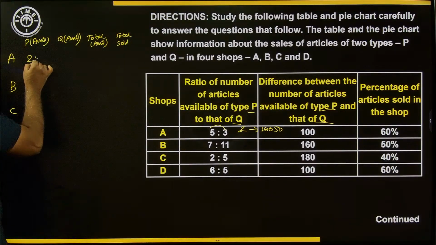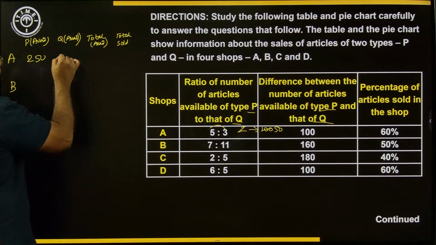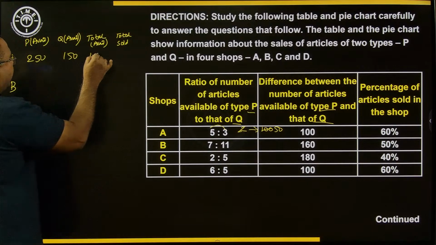So P is 250, 5 parts. So 3 parts, 150. Total available will be 400.